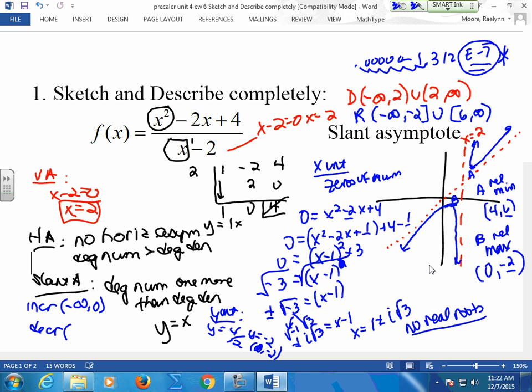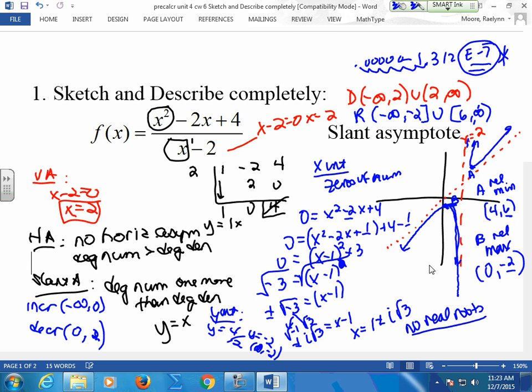When I hit that x value of 0, what did I do? Decreased. So I decreased from 0 to where? 2. My asymptote is 2, right? So from 0 to 2, my y value is decreasing. I can't go past my vertical asymptote.